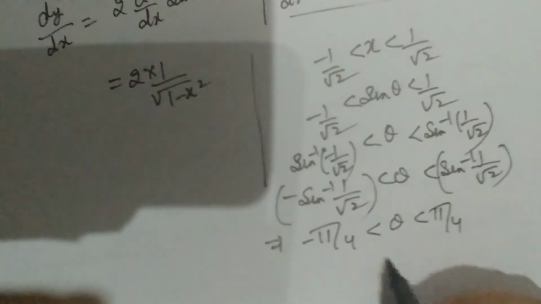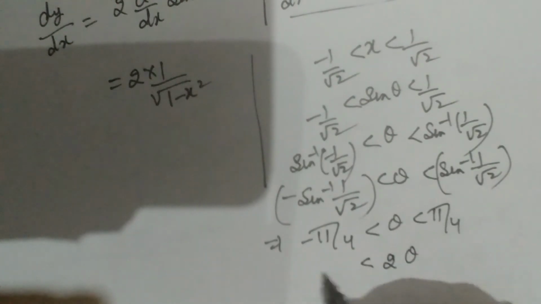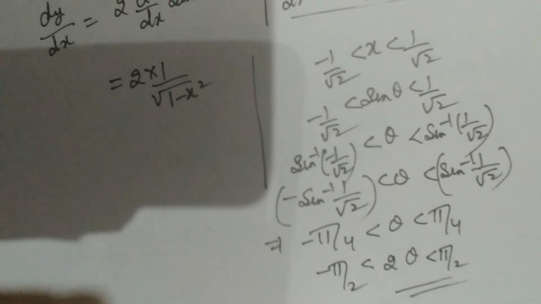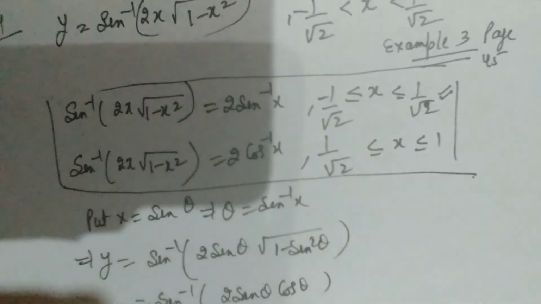Now we had 2 theta, so 2 theta will be between minus pi by 2 and pi by 2, and you know that the inverse function properly exists, so there is no problem in existence. That is why this is defined for these particular values.